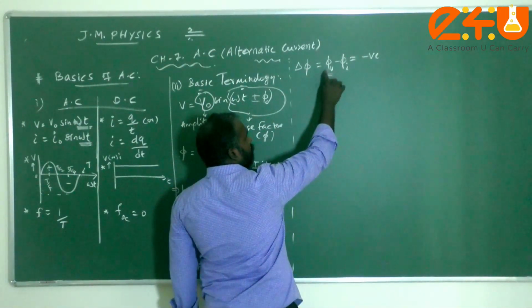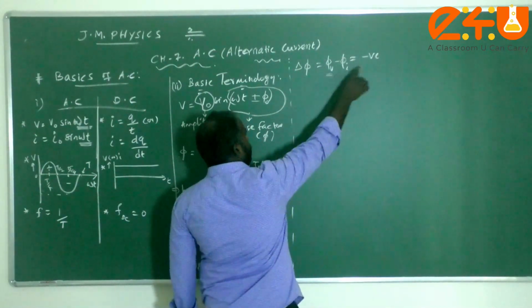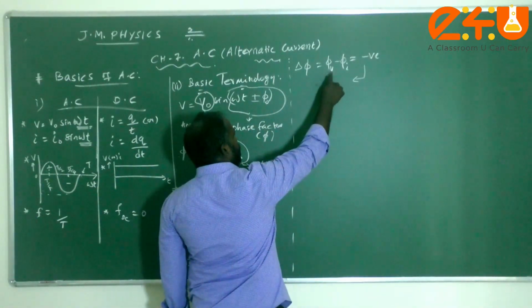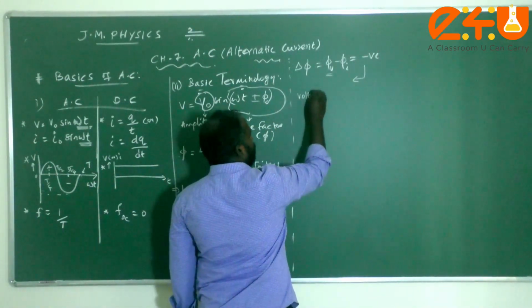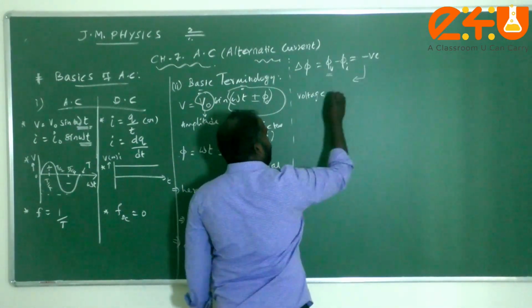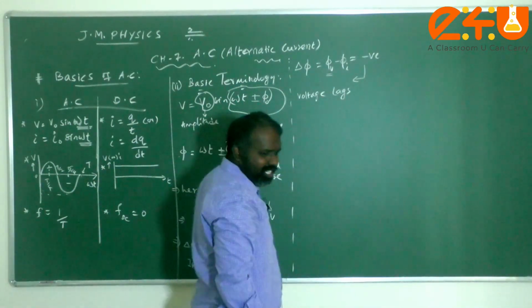Voltage phase is taken first, and from that you are subtracting the current phase. So since voltage is taken first, what sign am I getting? Negative sign. Because of that I can use the word lagging: voltage lags.